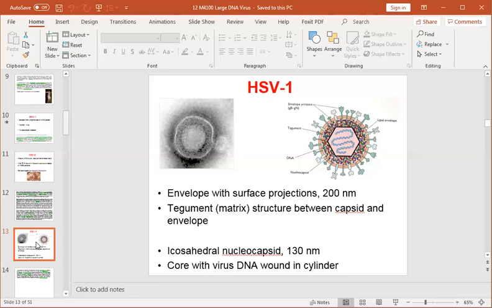So we have the capsid on the outside, and we have the genetic material inside. Between the capsid and envelope of the virus, we have something called the tegument structure. The nucleocapsid is icosahedral, and the core that contains viral DNA is wound in a cylinder shape.